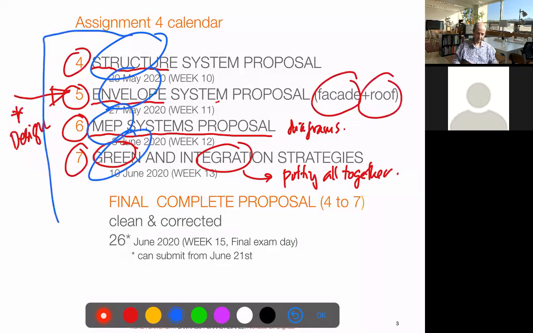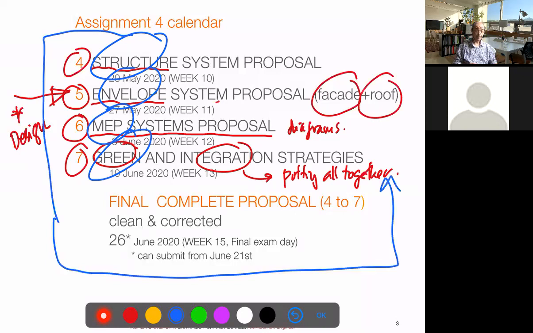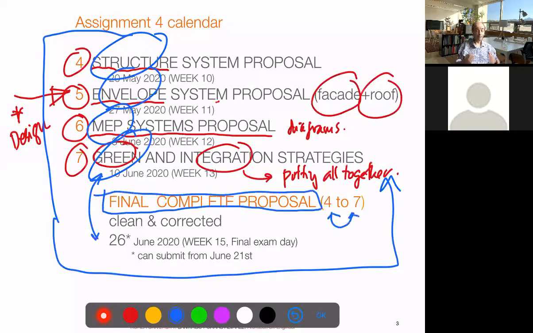of the same project. So we put it all together, and then after that, we have a bit more than 2 weeks, actually it's 2 weeks and 2 days, to complete the final assignment, which is assignments 4 to 7, all those clean and corrected.